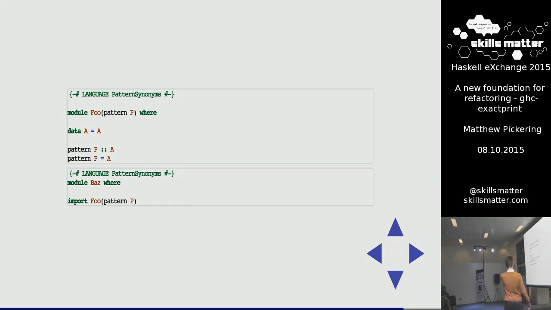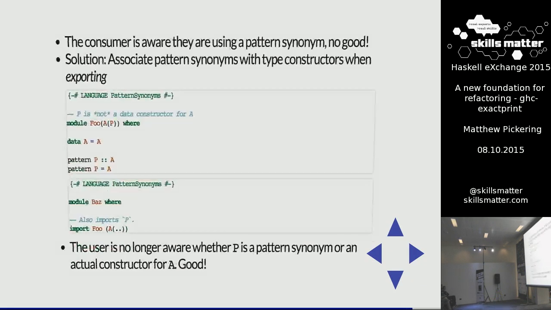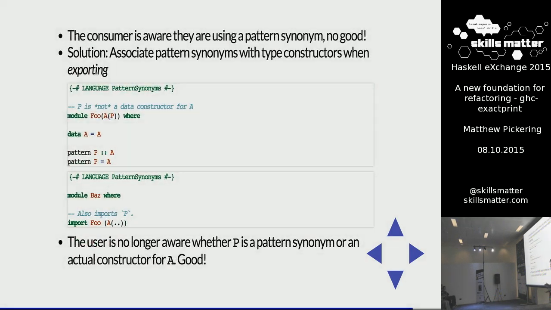This is the syntax for importing and exporting a simple pattern synonym, whereas it would be much better if you could associate this pattern synonym with the type it constructs. So when the user imports the type, they are not aware whether they're importing data constructors or pattern synonyms. That is something that you can't currently do, but should be in GHC 8.